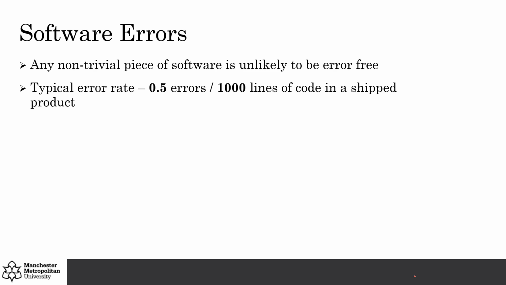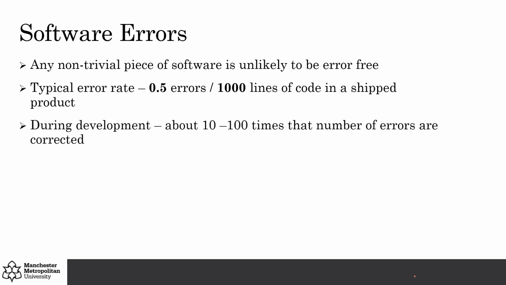So we can't make the assumption that everything we write is going to be completely error-free. We can just hope to fix most of those errors during development. So during development, typically 10 to 100 times that number of errors are corrected, which is good. We want to correct the errors as we're coding, and hopefully we don't pass on any errors to the shipped product or the completed product.